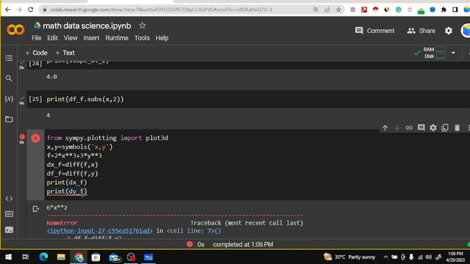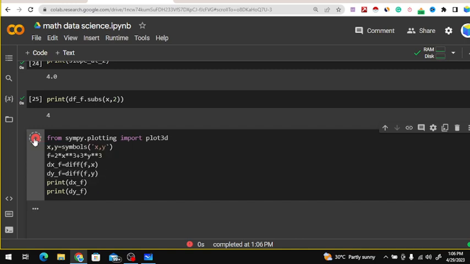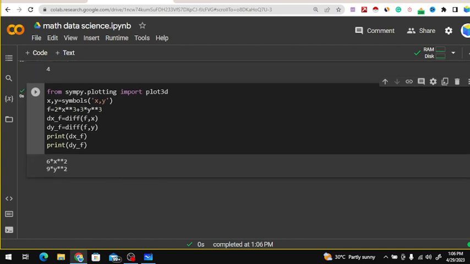I am getting df itself as the function, so I should put dy here. Now it's all right. I have given these functions, and now I want to plot them.